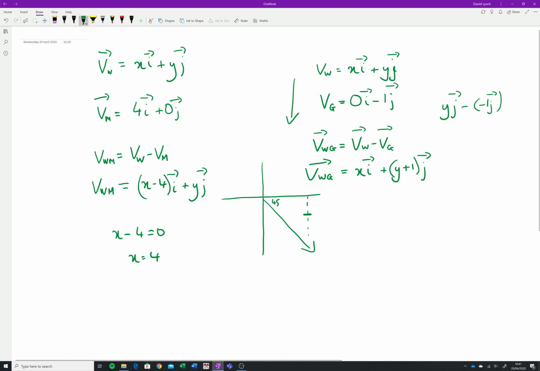So this length here is the same as that length there. So our x length should be the same as the y length, but very importantly, if we were moving over 5 here, with the y we'd be moving down 5. So our x value is going to equal minus y, if you want to think of it like that.